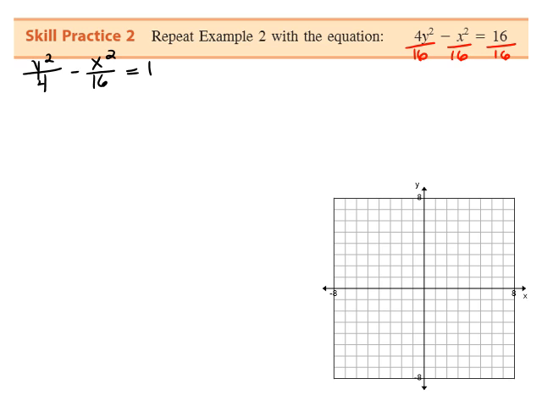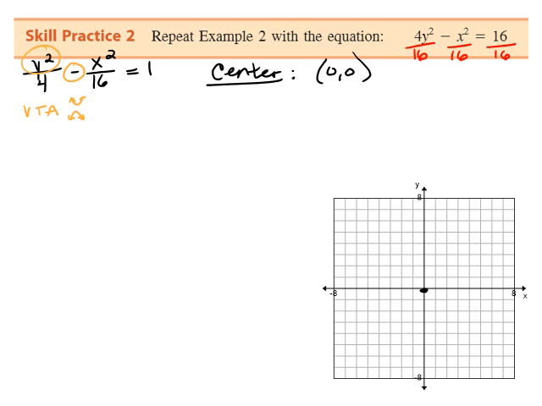Because of this minus sign, I know that I'm dealing with a hyperbola. Because the y value is positive, I know that I'm going to have a vertical transverse axis, which means once again my hyperbola is going to have branches that open up and down. I don't have anything associated with the x and the y in this case, so my center once again is (0, 0).